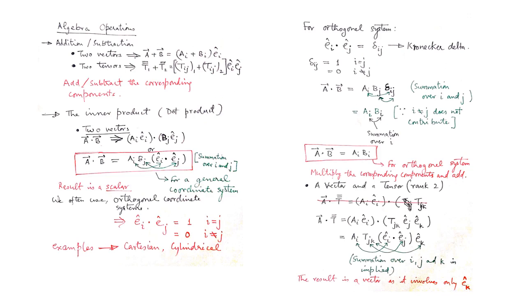Then once these vectors and tensors are written, you have to move ahead with the dot product. As I said, ai and tjk are just magnitudes or real numbers, so they are directly multiplied: ai tjk. And notice here that since you have got a pair of unit vectors ej, ek, which are basically unit dyads, and ei is written on the left of this unit dyad ej ek, the dot product is between ei and ej and not ei and ek.